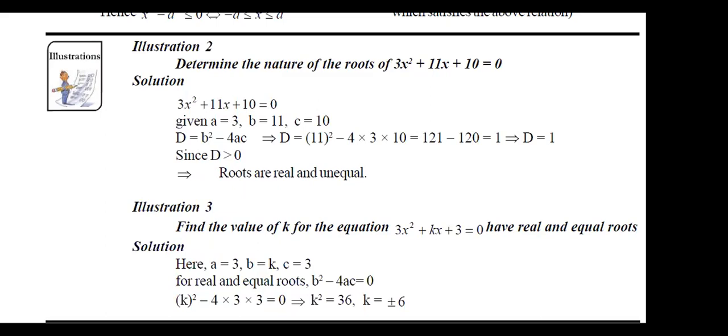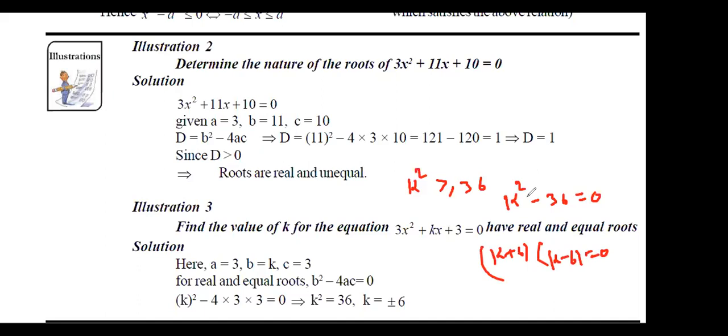Got it, everyone? So those who are saying just one value, you're missing one value. I hope all of you remember this concept: k square minus 36 is equal to 0, so it is k plus 6 into k minus 6.